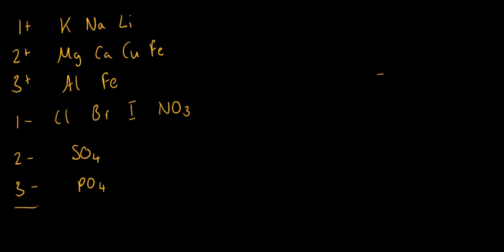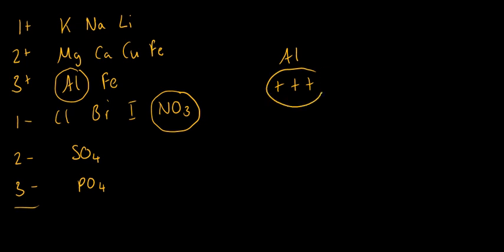Okay, so then let's do one more. Let's imagine I had a situation where I had Al and NO3. So you pause the video and try and do aluminium nitrate. So aluminium is 1, 2, 3, and my nitrate is just -1.